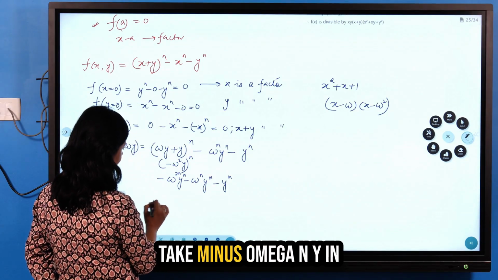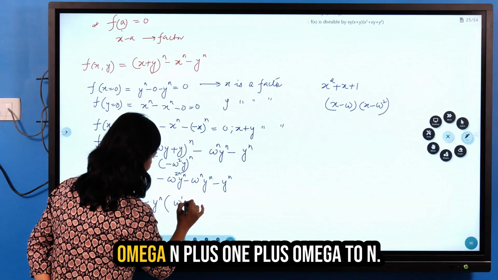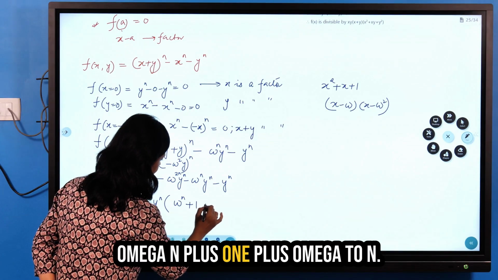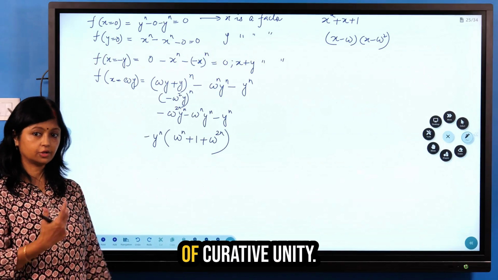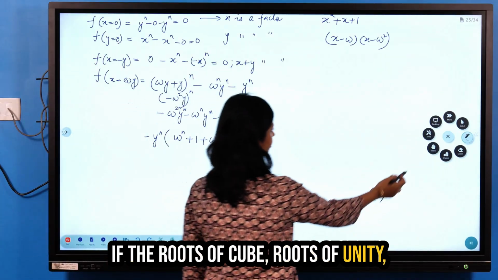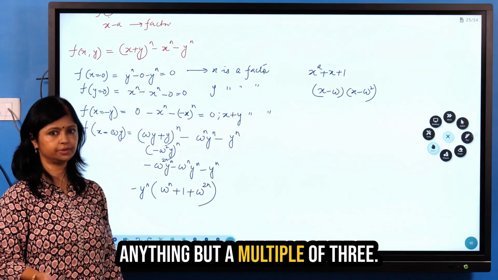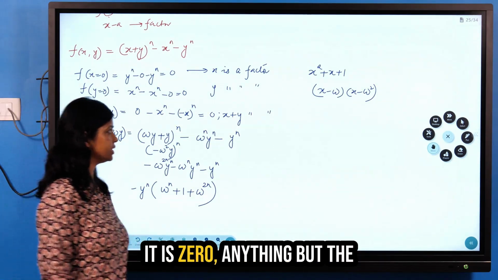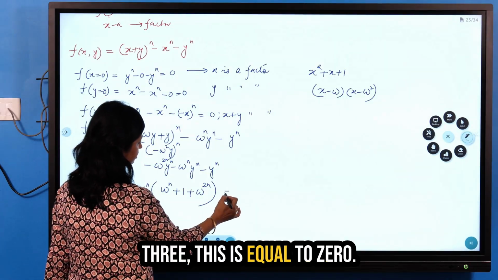Now if I take minus omega to the power n y to the power n common, what am I left with? Omega to the power n plus 1 plus omega to the power 2n. Now from your theory of cube roots of unity, if the cube roots of unity are raised to anything but a multiple of 3, the sum is equal to 0.